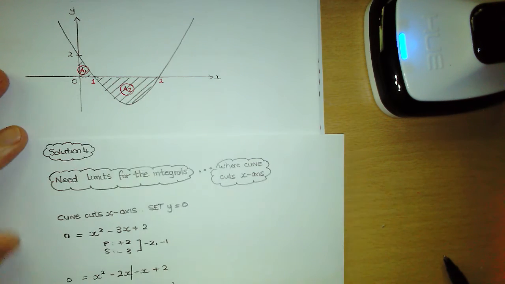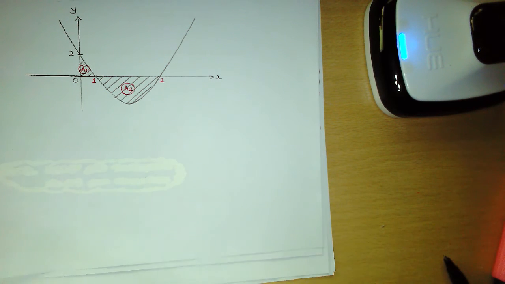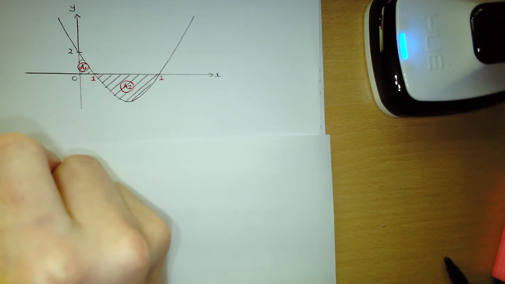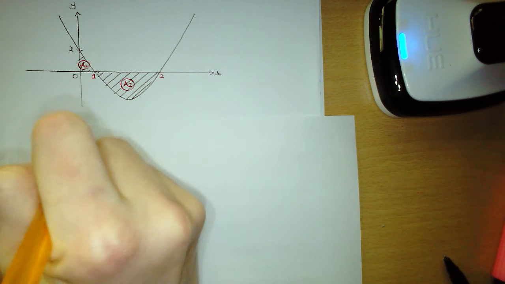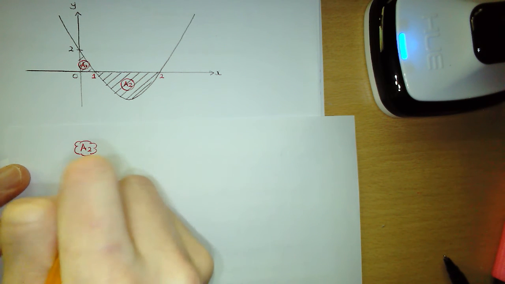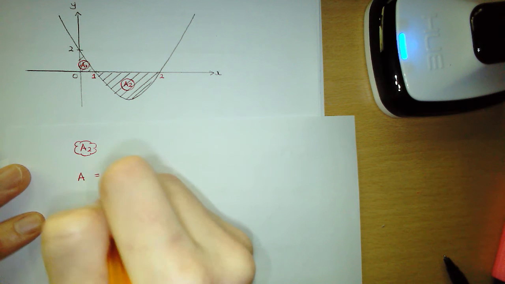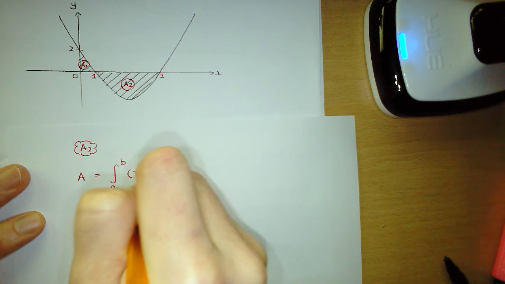If we go back now, we've got to get the area for A2. So area A2, the area is equal to the integral of A and B, top minus bottom.